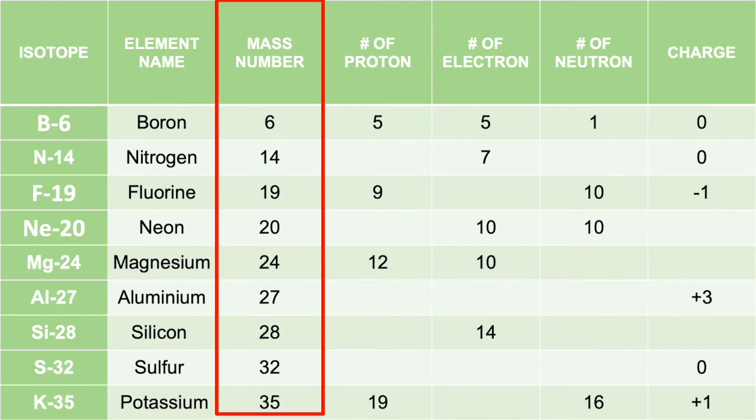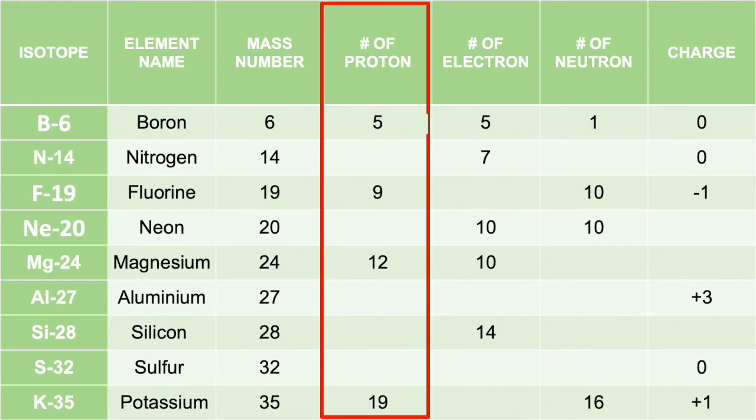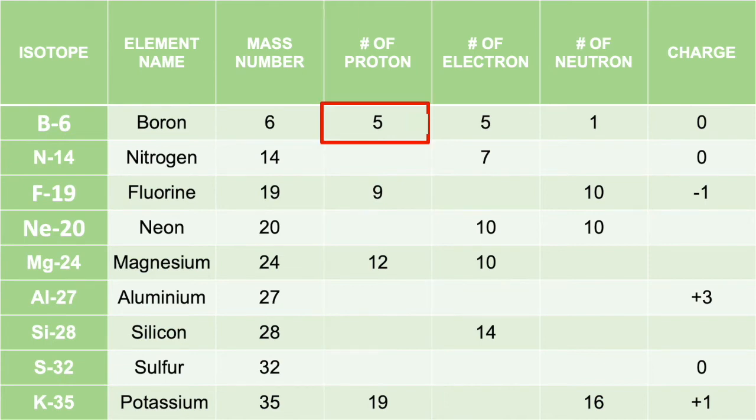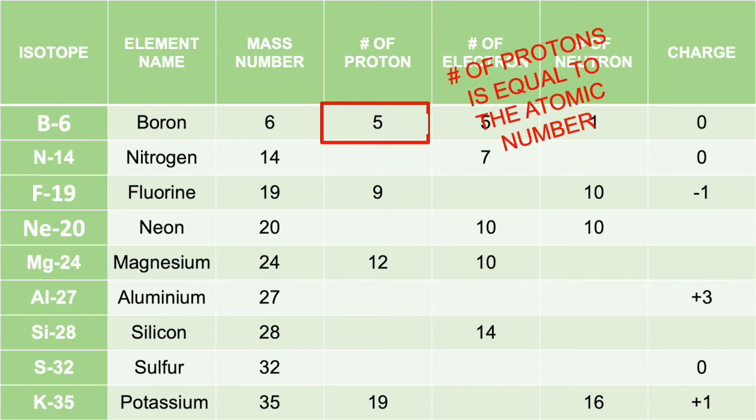Let us proceed to determining the number of protons. Determining the number of protons is as simple as looking at the periodic table of elements. In our table we have boron, and boron according to our table has 5 protons. I repeat, the number of protons is equal to the atomic number of the element.